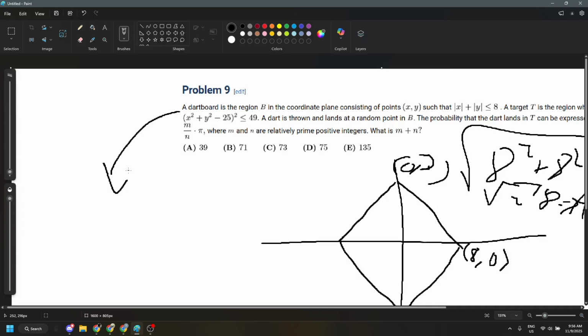Okay. Now we have this. So this is another region. x squared plus y squared minus 25, all squared, is less than or equal to 49. Why don't we just take the square root of both sides? We have x squared plus y squared minus 25 is less than or equal to 7. Yeah, I think this is fine.